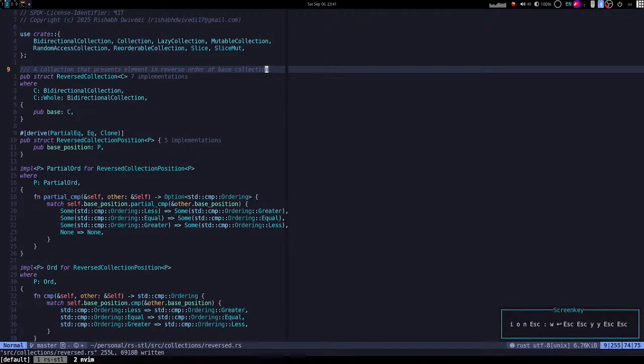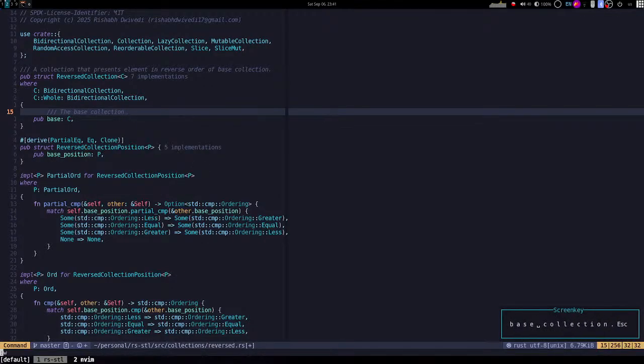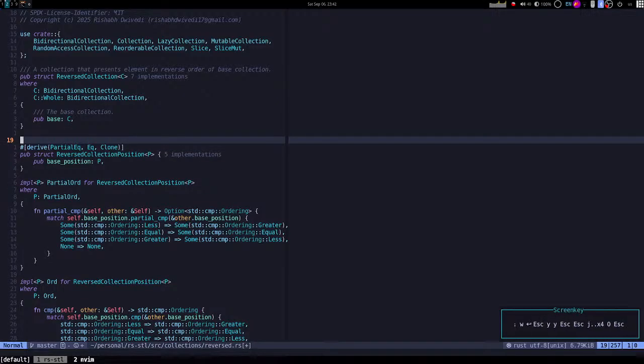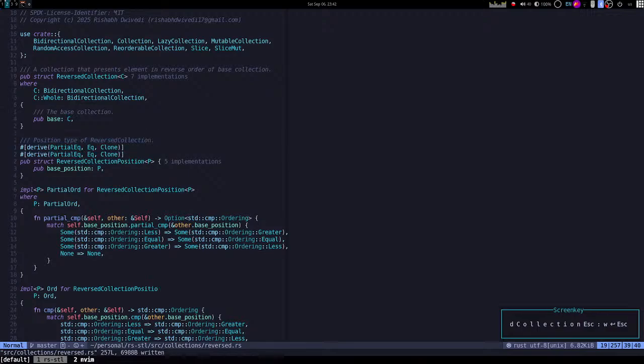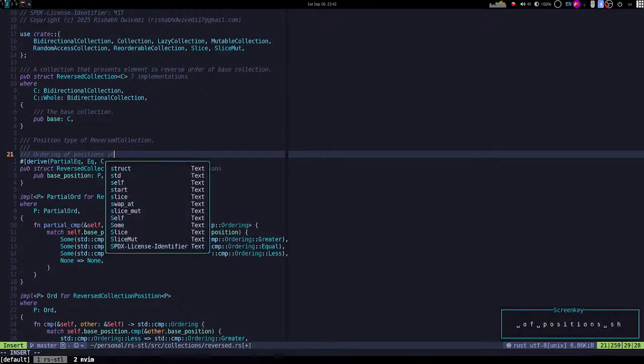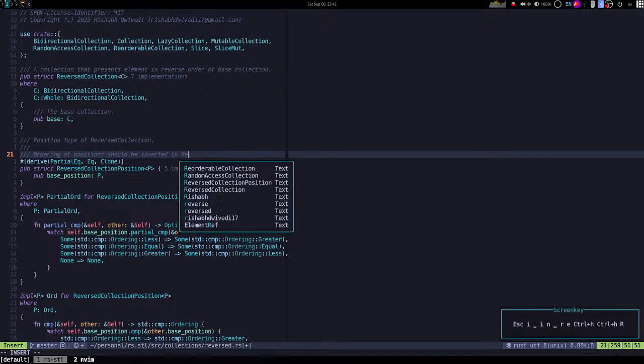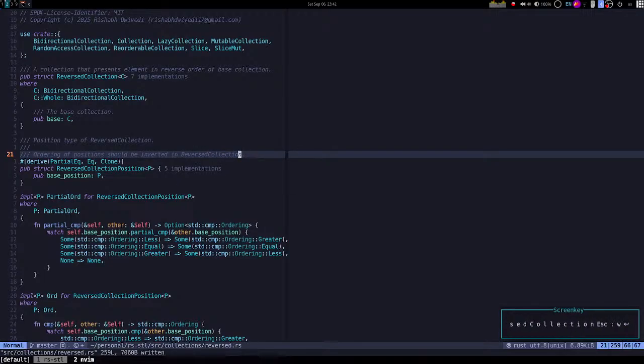So that is something, the base collection, and positions of reversed collection, ordering of positions should be inverted in reversed collection, right?